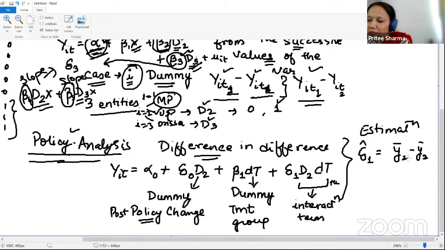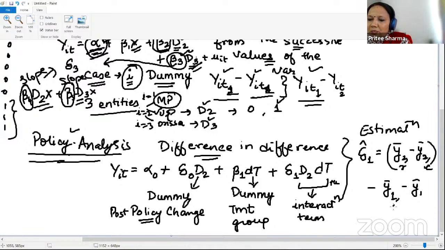Here, this is for different time. So suppose that this is some time r and this is some time c. This minus y1 bar minus y1 bar.